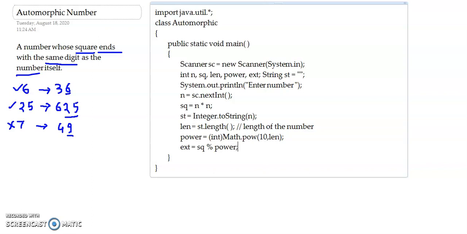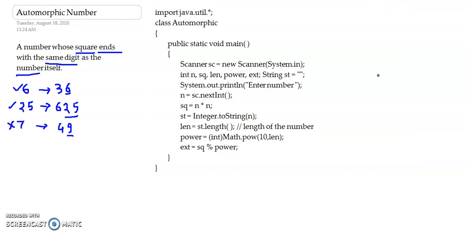Now our ext stores the extracted value. Once again I am going to use an example for this. Like if your number is 25, you enter 25 here and then your square is 625.